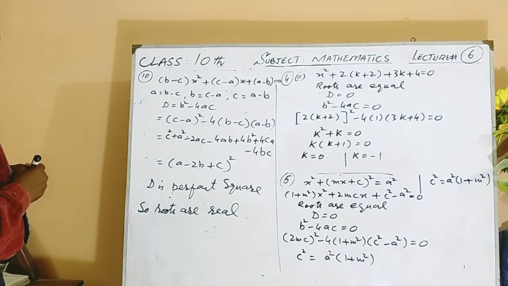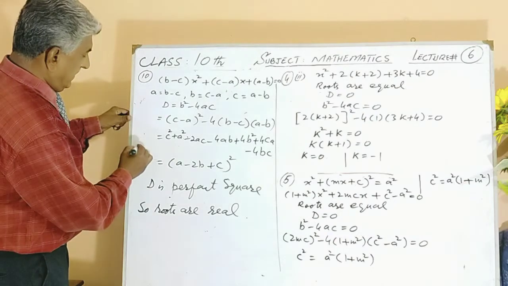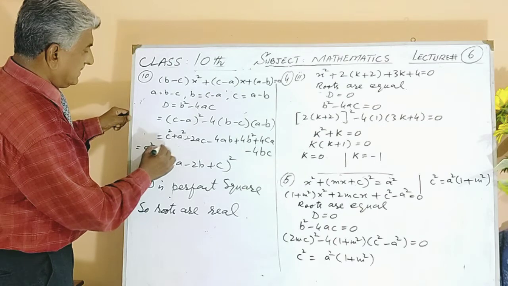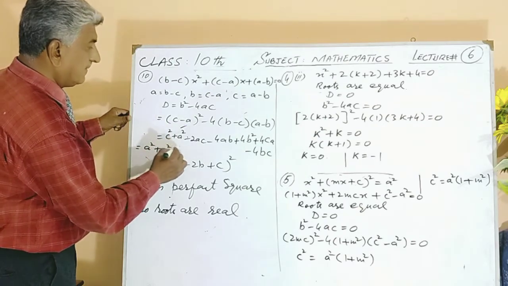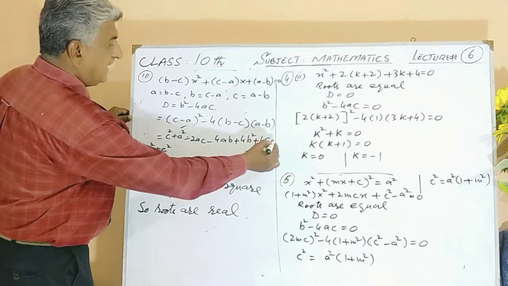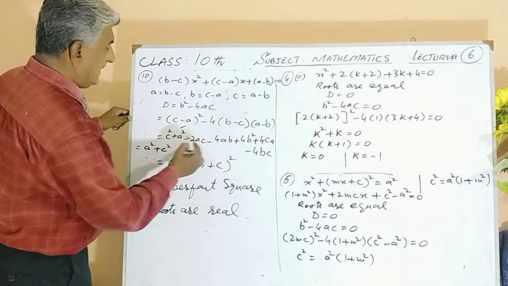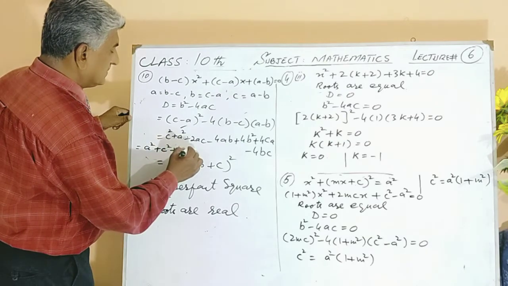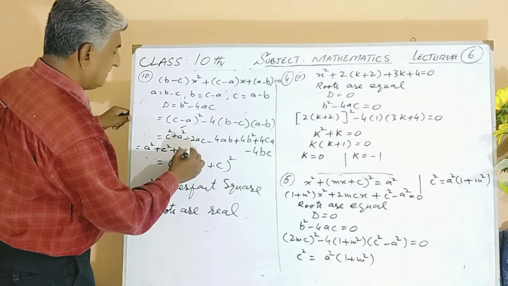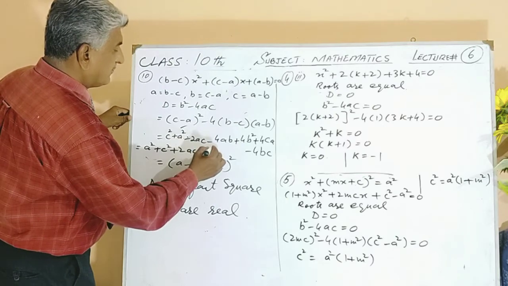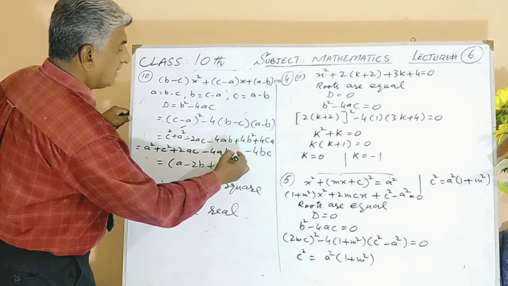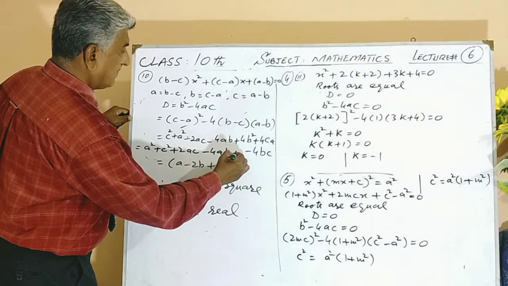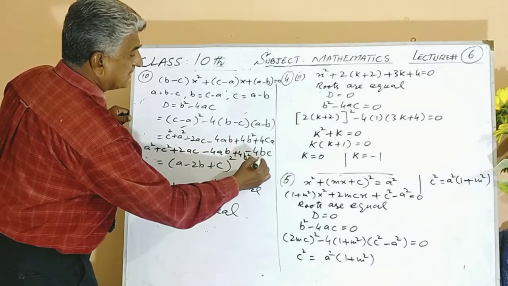You can see that a square plus a square plus c square, and for ca this is minus 2ac, so this will become 2ca or ac. Now this is 4ab and this is plus 4b square, minus 4bc.